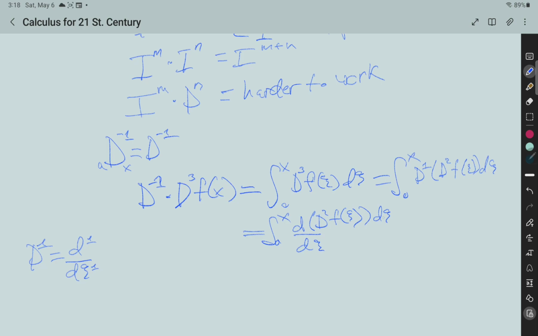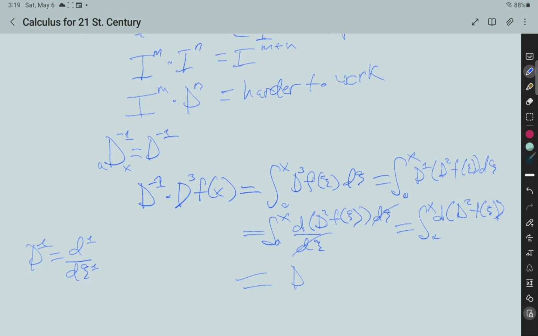Now you see the cancellation of this differential dc and this dc here. So you're left with the integration from a to x of D squared of f of c. Okay. Well, we know how to integrate that. Anything that is in this parenthesis here is going to be the answer to that integration.